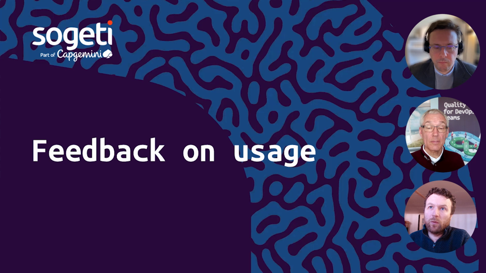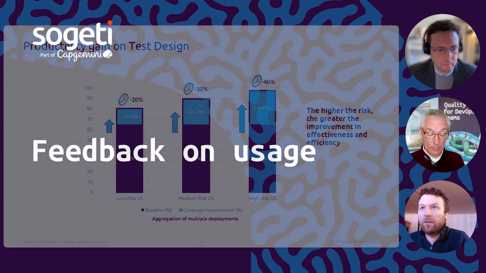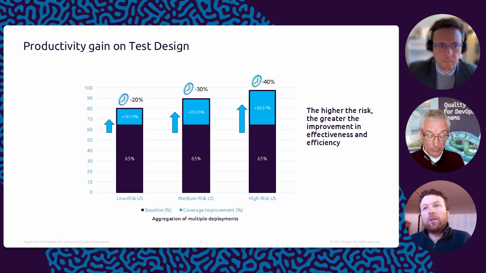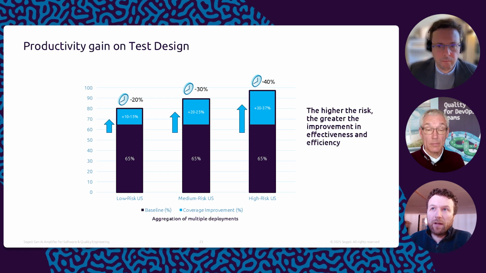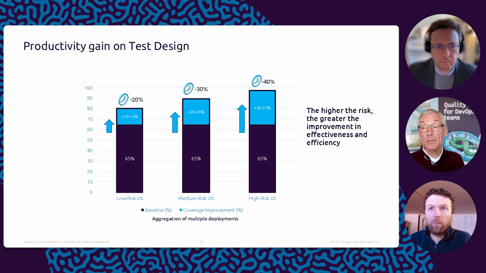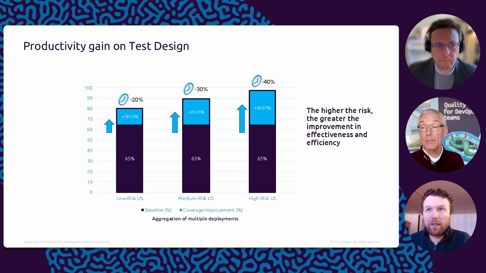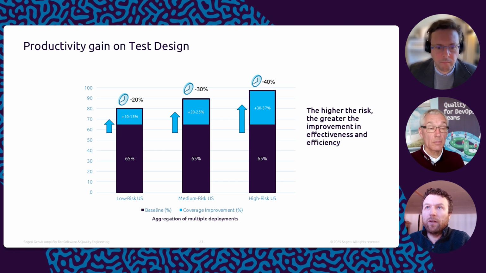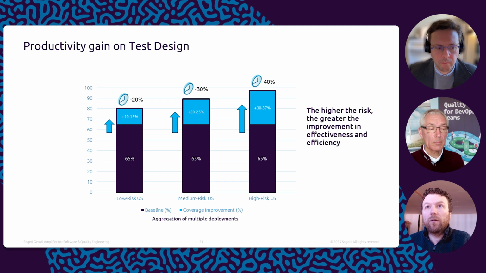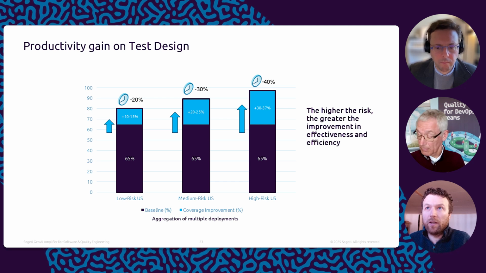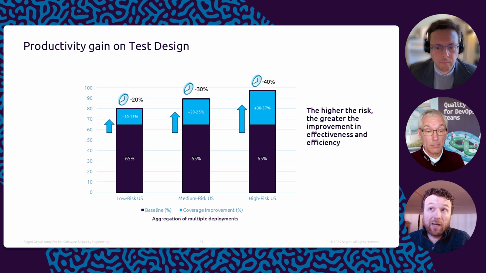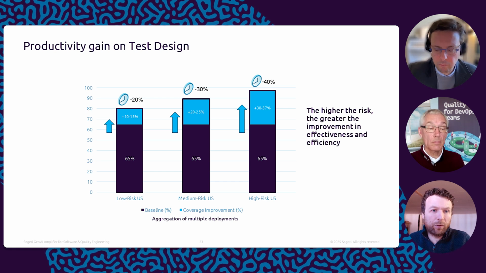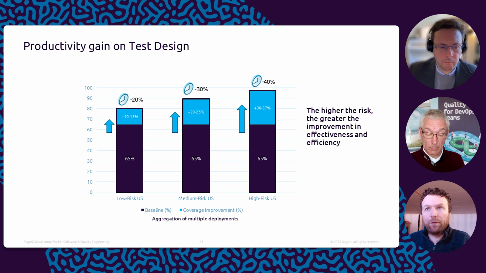Other things that we also notice when we use it in real day-to-day practice is that the biggest value is when we use it in more complex situations. So the more complex the context, the more complex the user stories that we are working with, the more we are saving in terms of time, but it also increases the coverage level and therefore the confidence that we have with the testing.